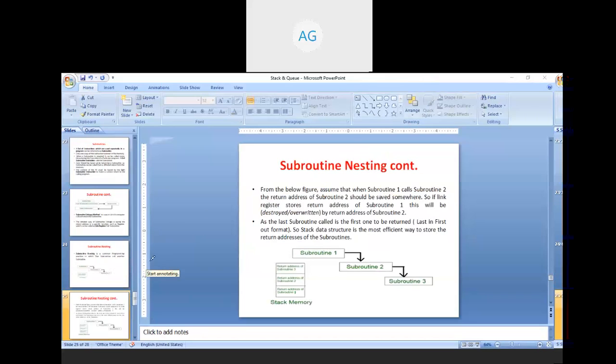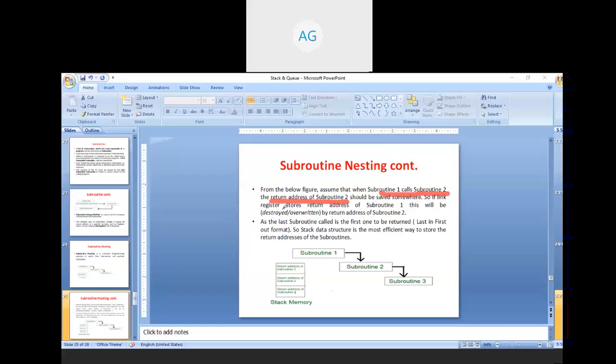As you can see from the diagram, subroutine 1 calls subroutine 2, which calls subroutine 3. From the figure, assume that when subroutine 1 calls subroutine 2, the return address of subroutine 2 should be saved somewhere.